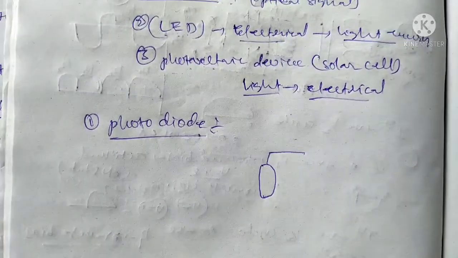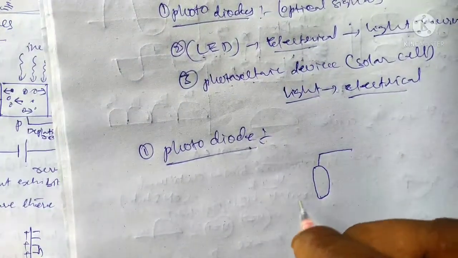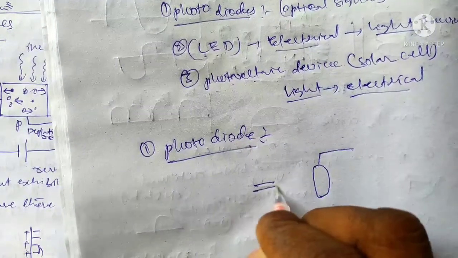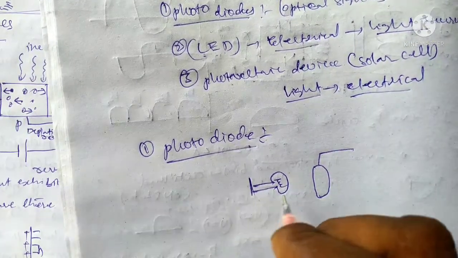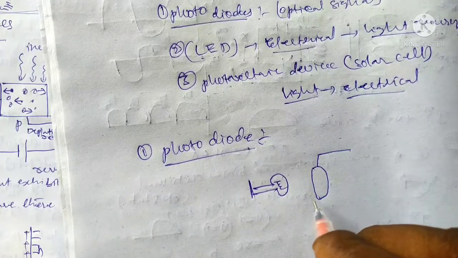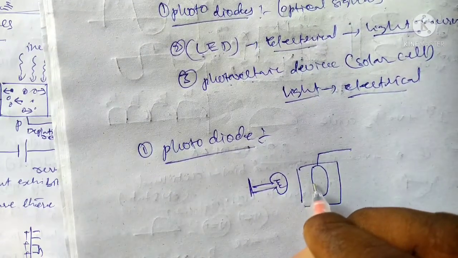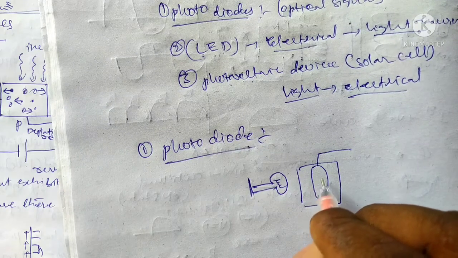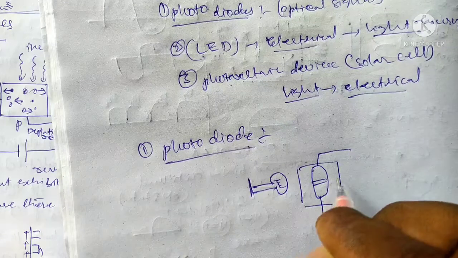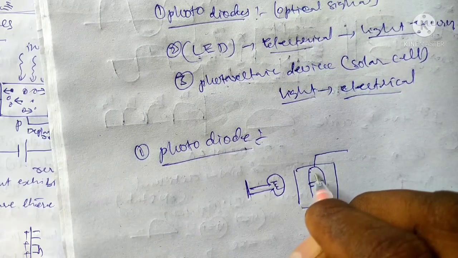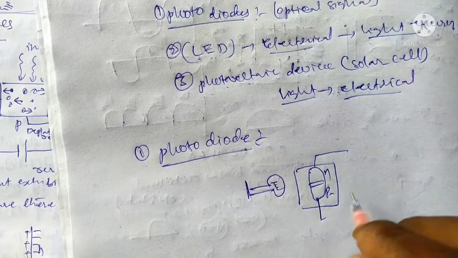Okay, the diagram of the photodiode can be explained like this. A light bulb is there, one kind of bulb. It is a PN junction diode, with N-type material and P-type material combined.